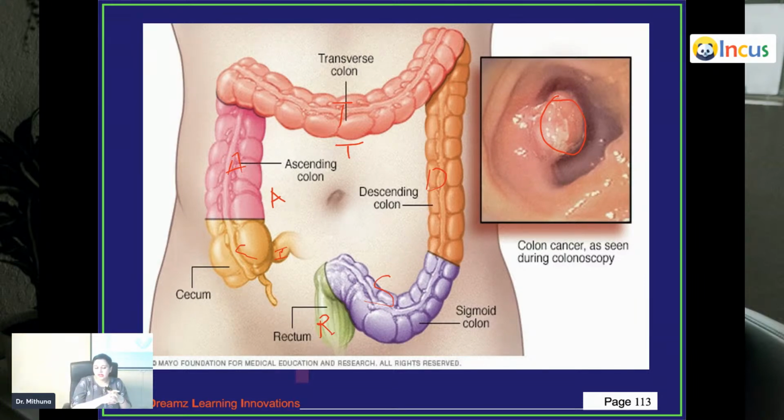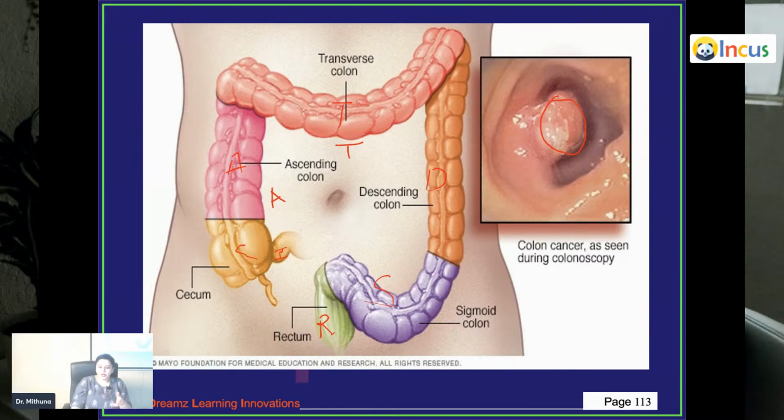That's the part of your large intestine, and there you have an ileocecal valve. Above the cecum, you have the ascending colon. Near that ileocecal junction, you have the appendix, okay? After the ascending colon, you have your transverse colon. And then once you come on the left side, there's the descending colon, the S-shaped sigmoid colon, rectum and anus. These are the parts of the large intestine.